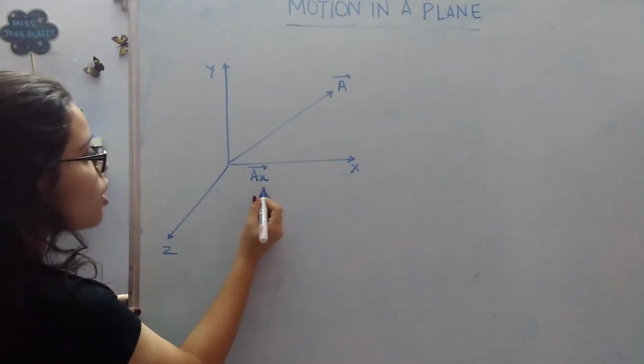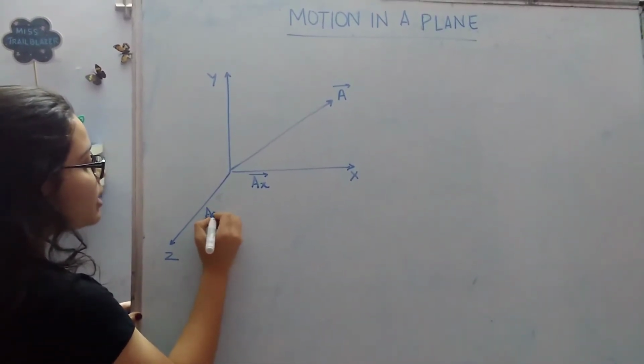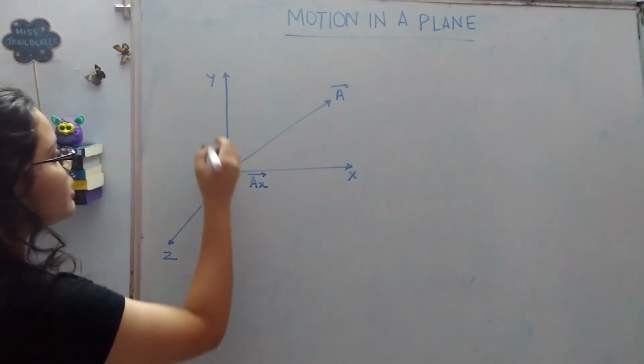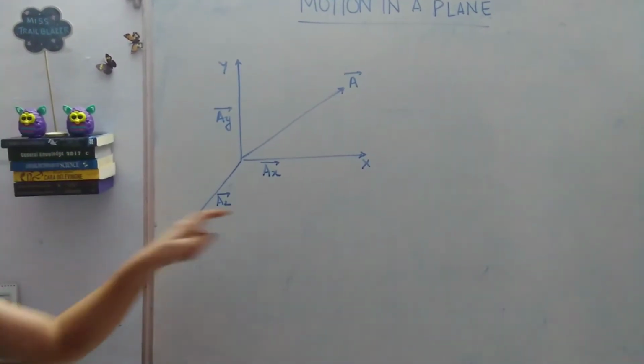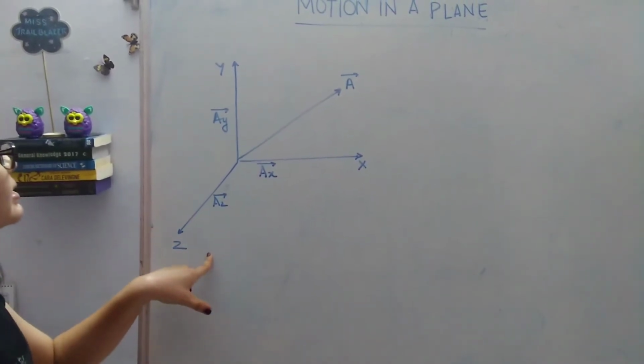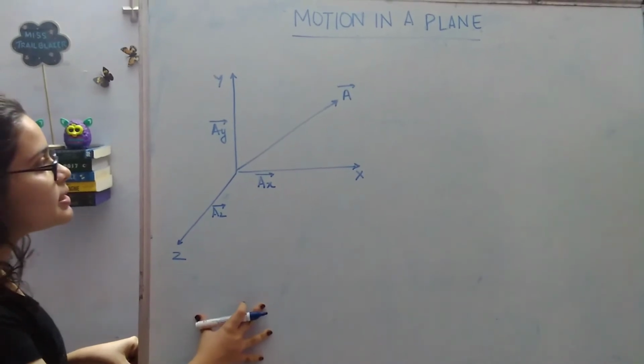So this is x component of a, that is ax vector. Z component of a is a z vector, and y component of a is a y vector, in the x-axis, y-axis and z-axis. So these are the different components.